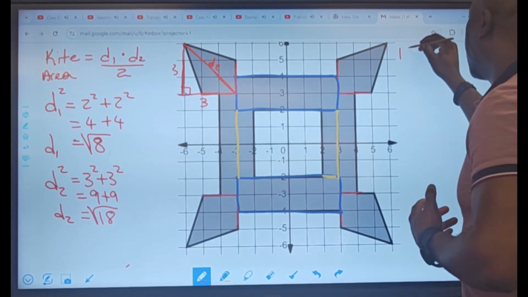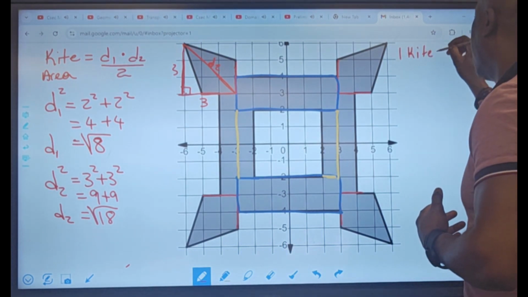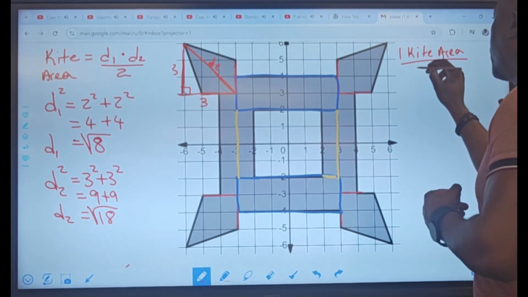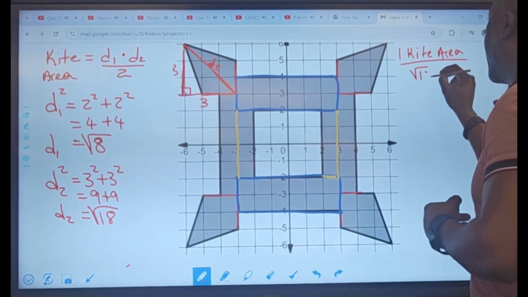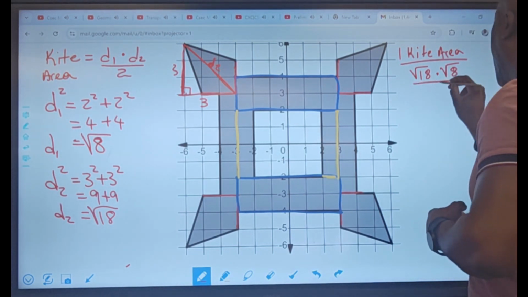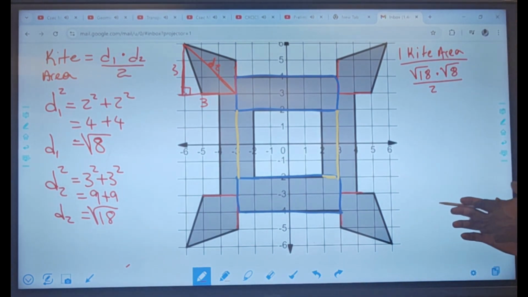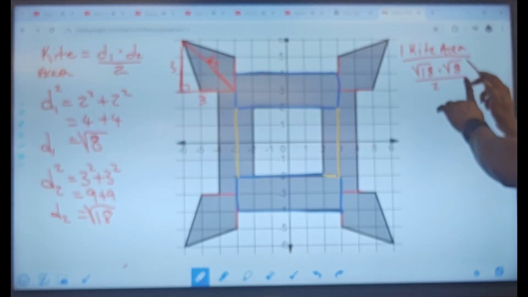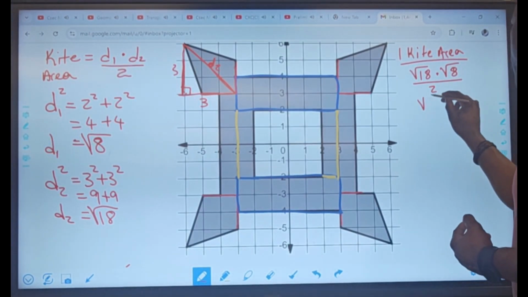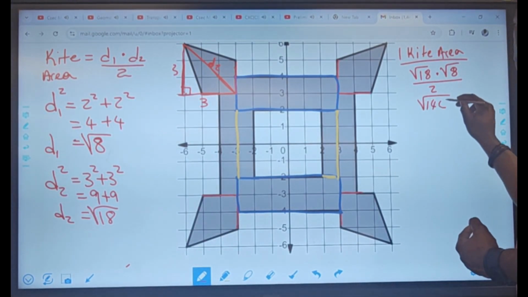One of the kites' area, just one, is going to equal the square root of 18 times the square root of 8 divided by 2. All right? Now, the square root of 18 times the square root of 8 is actually the square root of 144 over 2.